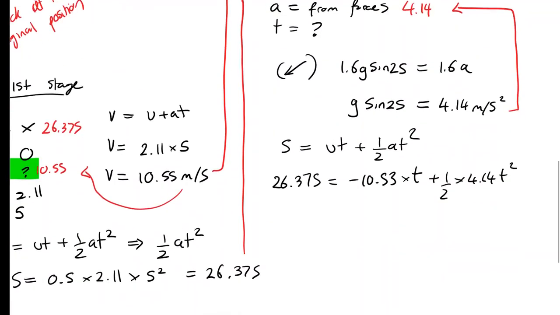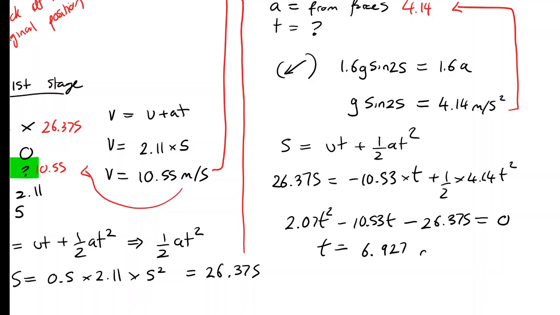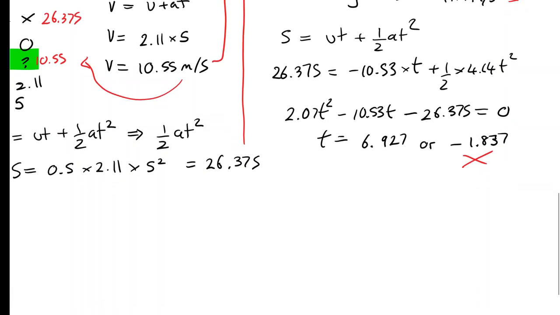So we have a quadratic, set that equal to 0: 2.07 t squared minus 10.53 t minus 26.375 is equal to 0. So we'll get 2 values for t. T is equal to either 6.927 or minus 1.837. We know that the negative value is just not sensible. You can show it has some meaning, but it's not sensible for what we're doing here.